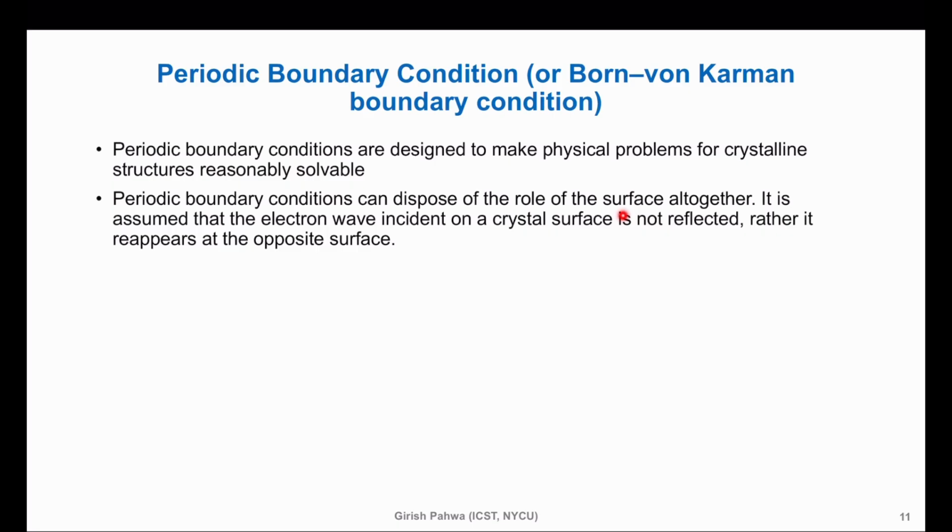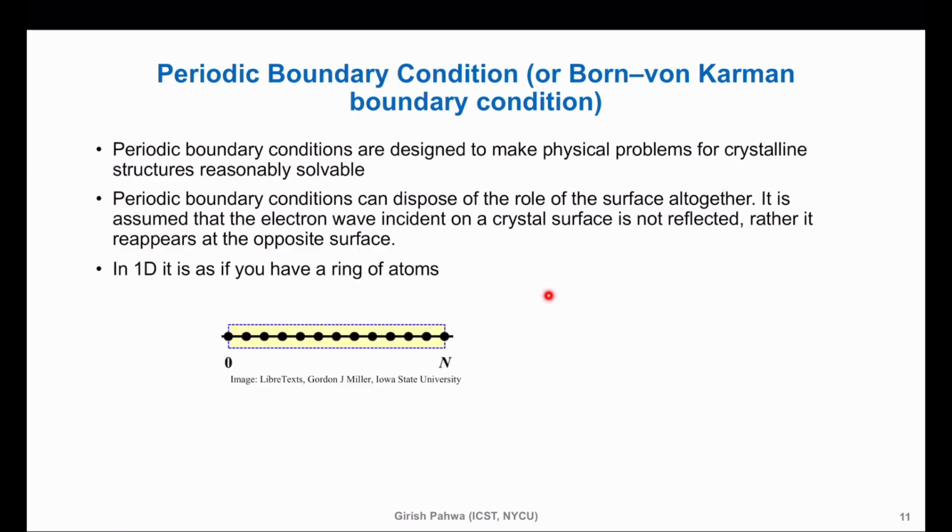It's like if you have a 1D crystal with n atoms, the periodic boundary condition means that I have tied these two ends together. It's like a ring now. So the wave function here is equal to the wave function here.